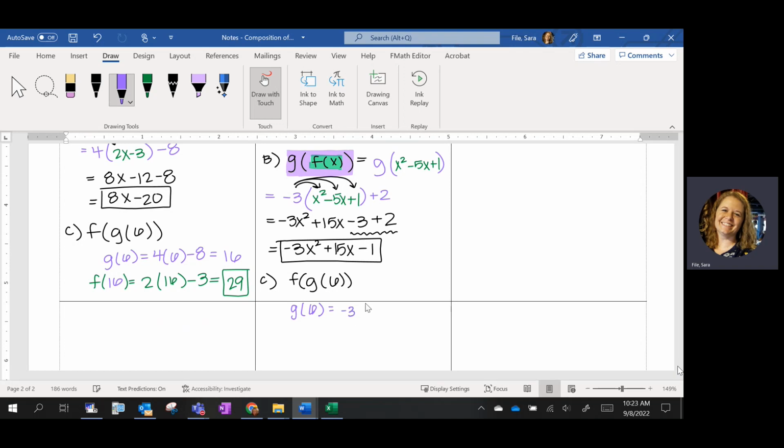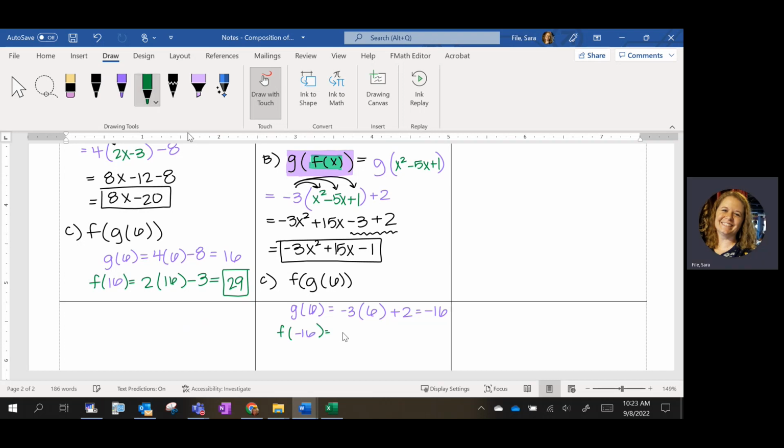So negative 3, and I'm inputting a 6 for the x, plus 2. Negative 3 times 6 is negative 18, plus 2 would be negative 16. So that's the inside. Now the outside, the f function, I'm going to input that negative 16.